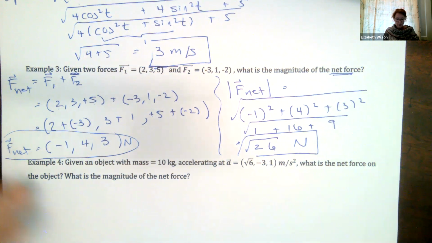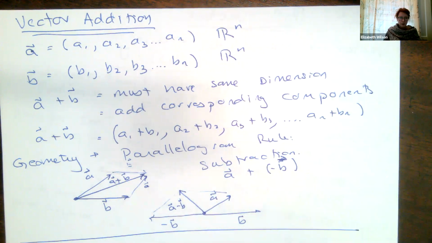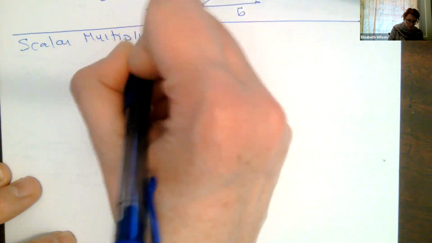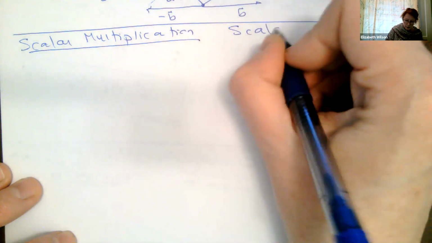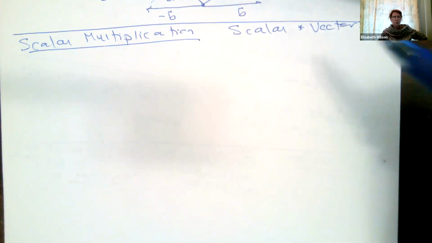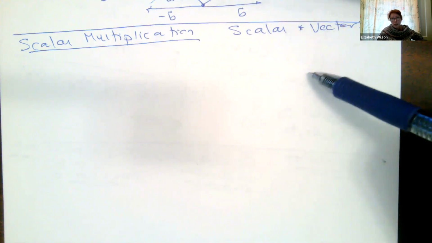All right, so what I'm going to do is talk about scalar multiplication. This is a scalar times a vector, so we call it scalar multiplication. Subsequent chapters 1.3 and 1.5, I think, deal with vector multiplication.